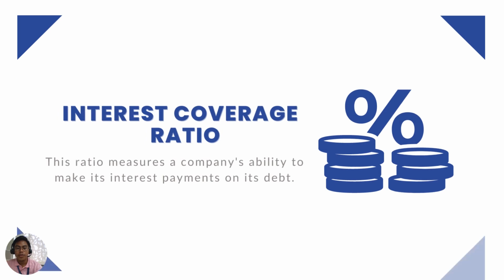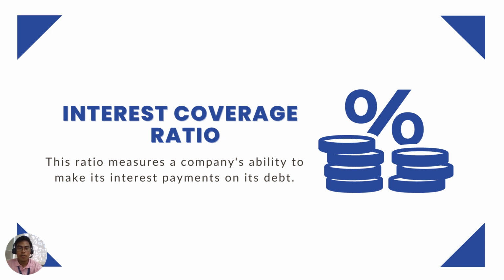Next, another important solvency ratio is the interest coverage ratio. The ratio measures a company's ability to make its interest payments on its debt. It is calculated by dividing a company's earnings before interest and taxes, or EBIT, by its interest expenses.